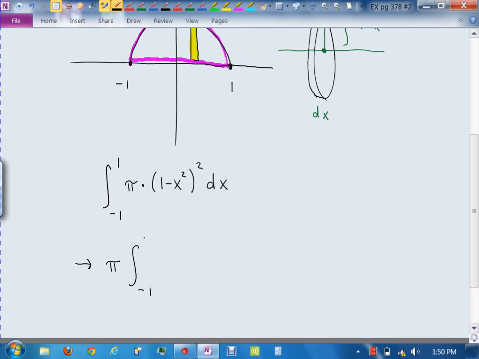integral -1 to 1. If I were being asked to integrate that, here's how I would do it. 1 minus 2x squared plus x to the 4th dx. What did I do? I pulled the pi out, right?